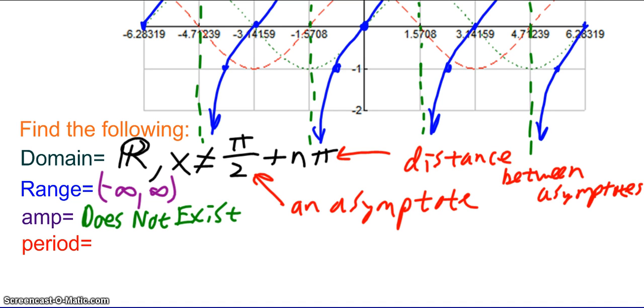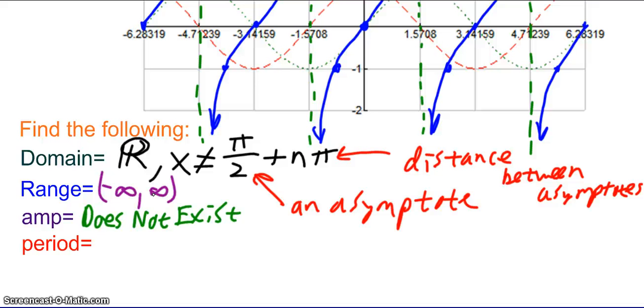Remember that our definition of amplitude was half the distance between the minimum and the maximum value. Well, if the range is all real numbers, or negative infinity to infinity, there are no minimum and maximum values. Therefore, the amplitude does not exist. We are still going to have an A value. It is still going to affect the graph by being a vertical stretch or a vertical shrink. It is just not an amplitude when we're dealing with tangent.